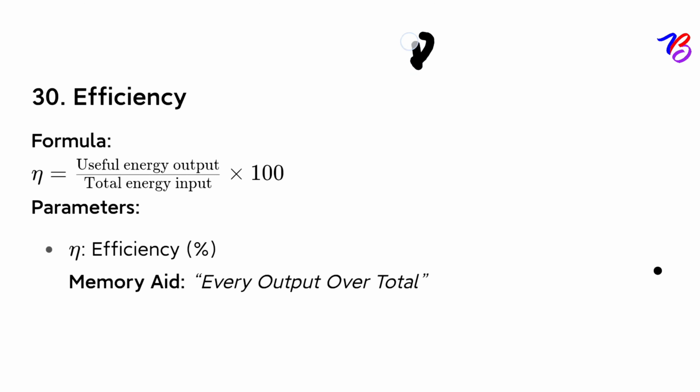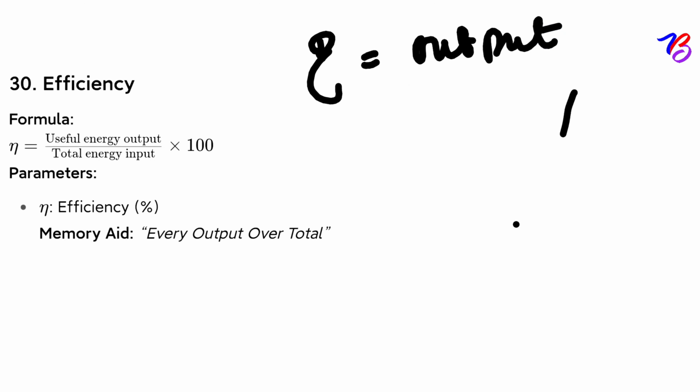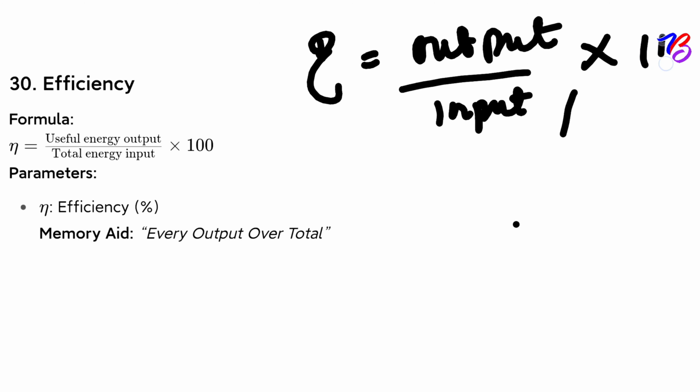Generally, efficiency is output divided by input, either for transformers or for anything, multiplied by 100. So our efficiency is given in percentage. Every output over total. And total is the initial. Every output over total. This will give you the concept of the formula for efficiency.